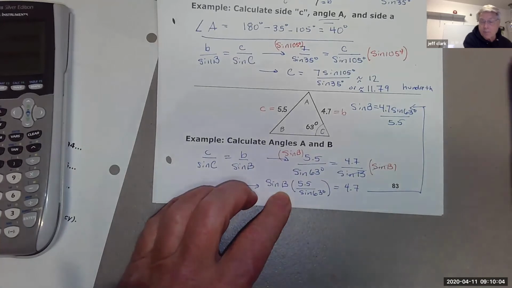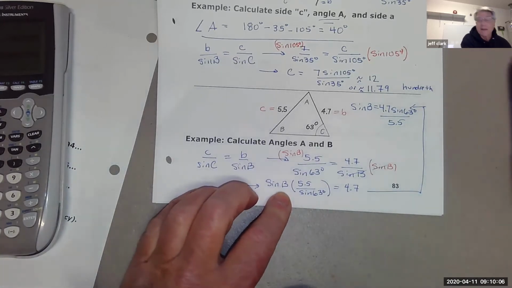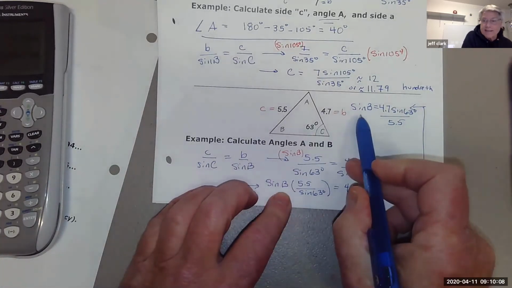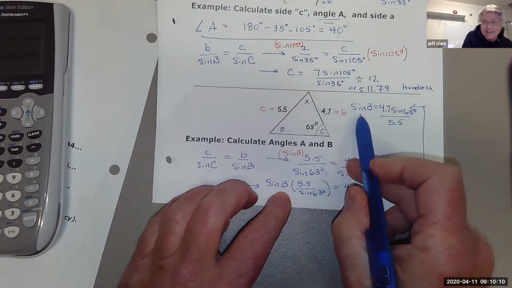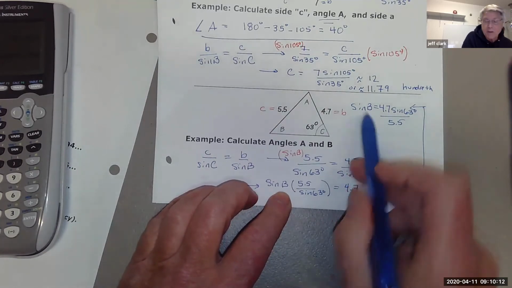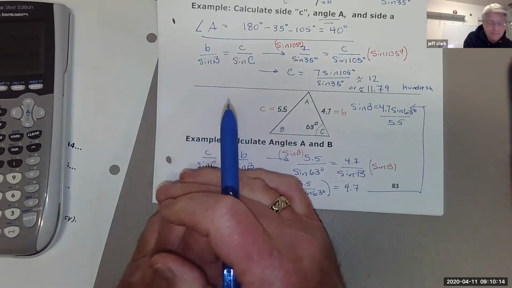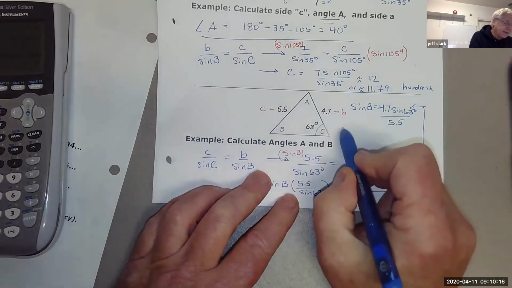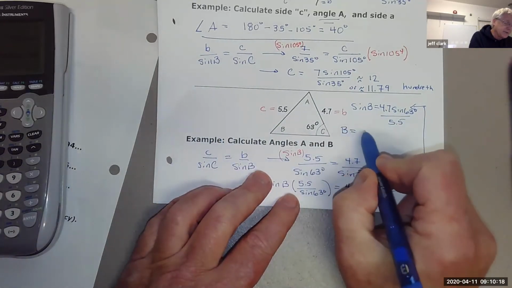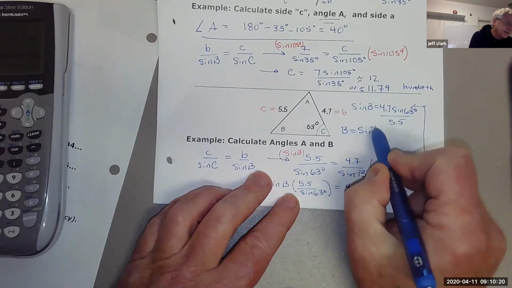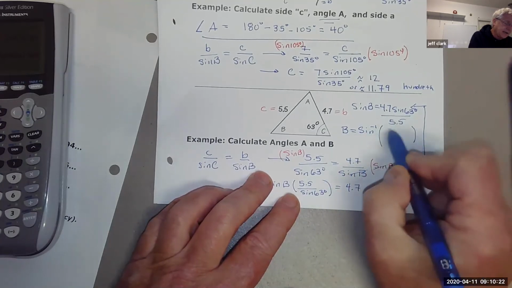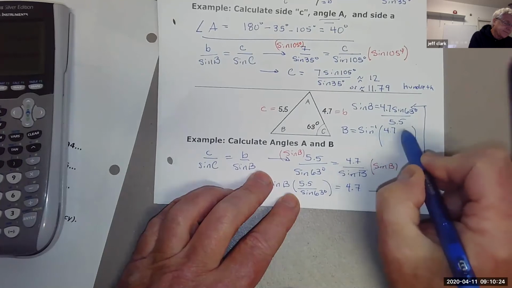And hopefully you remember how to solve for B, how to get rid of the sine off of the B. We take the inverse to both sides. Basically, we're going to end up on the left-hand side as B equals sine inverse, and then I've got the rest of this as its argument.